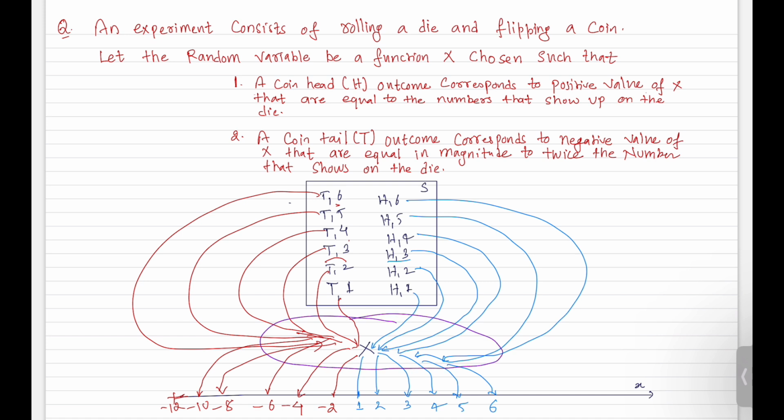Okay, so here the random variable x maps the sample space of 12 elements into 12 values of x from -12 to 6.